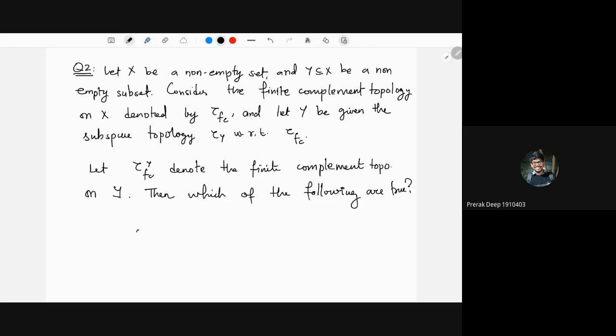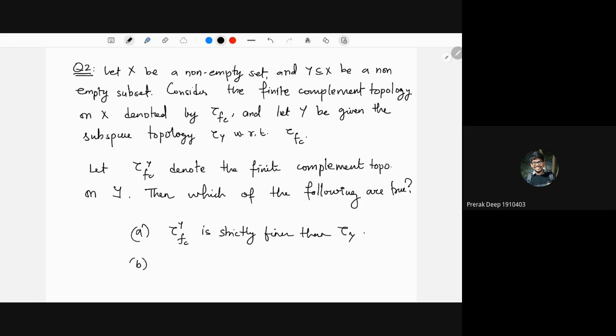Option A: the finite complement topology on Y is strictly finer than the subspace topology given on Y.